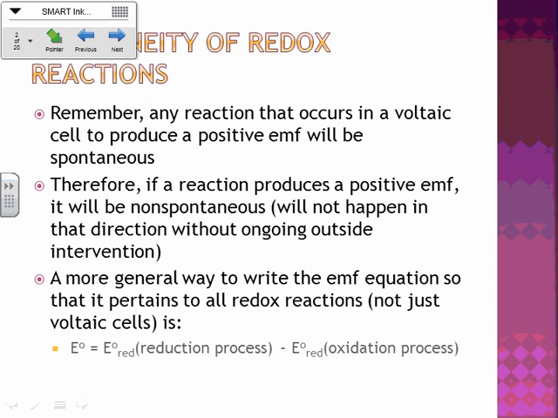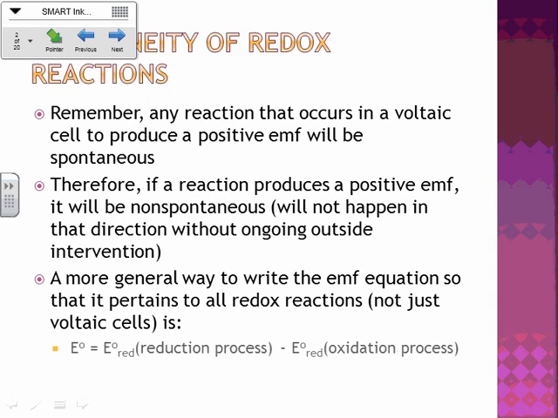So first I want to talk about spontaneity and how that relates to redox reactions. We can actually look at the voltage and it tells us something about spontaneity, which in the lab that we did yesterday and we'll do again today, you can kind of see that. If you set up your cell in a certain way, you're going to end up getting a negative voltage and nothing happens.